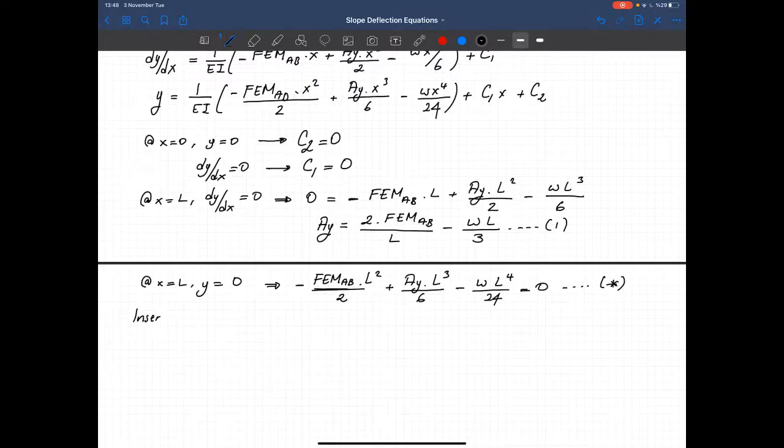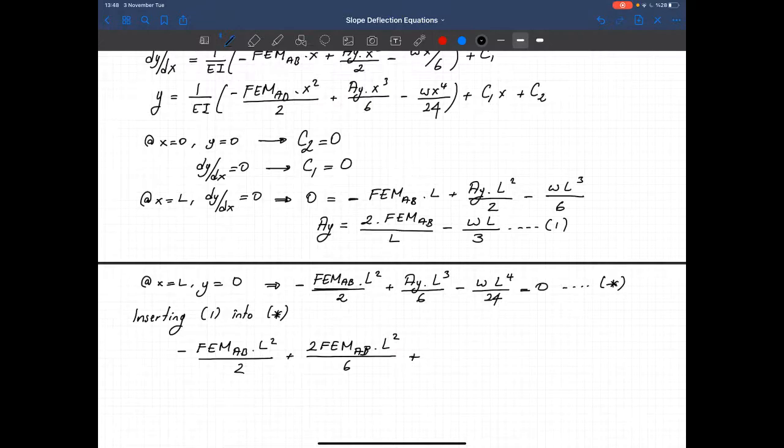So inserting 1 into equation star, I have the following: minus fixed moment AB times L squared divided by 2 plus 2 times fixed moment AB times L squared divided by 6 minus W L to the power 4 divided by 18 minus W L to the power 4 divided by 24 is equal to 0.